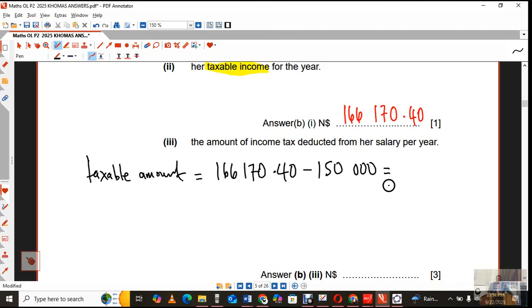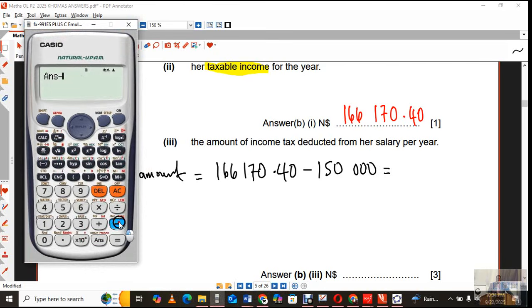So if you take away 150,000, that gives you 16,000, I believe. All right, let's just grab our calculators, very easy. Take away 150,000.